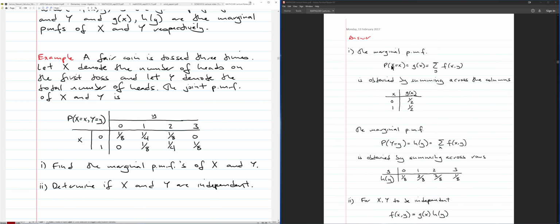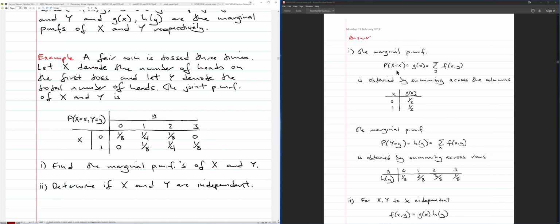What is your marginal PMF? What you want is probability X is equal to x for your different cases, when X is equal to 0 and when X is equal to 1. If I want probability X is equal to 0, what we could do is just add the probabilities in your first row, and you're going to get a half.